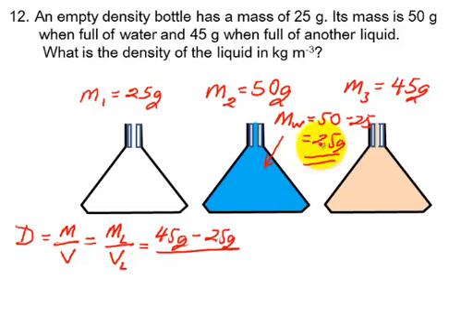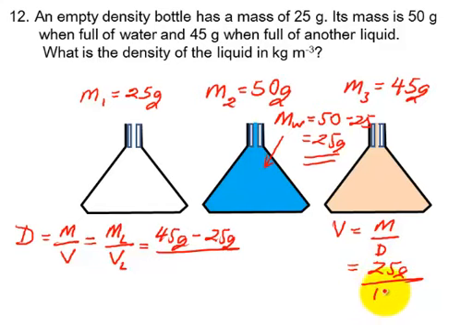Now we have the mass of the water inside the density bottle. How can we combine mass of the water and density of the water to get volume of the water? It's very simple. We remember that volume is equal to mass over density. The mass of the water inside the density bottle is 25 grams.